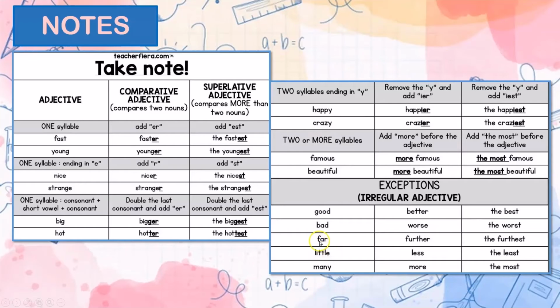The word far will become further in comparative and the furthest in superlative. And the word little will be less in comparative and the least in superlative. And also the adjective many will become more in comparative and will be the most in superlative.